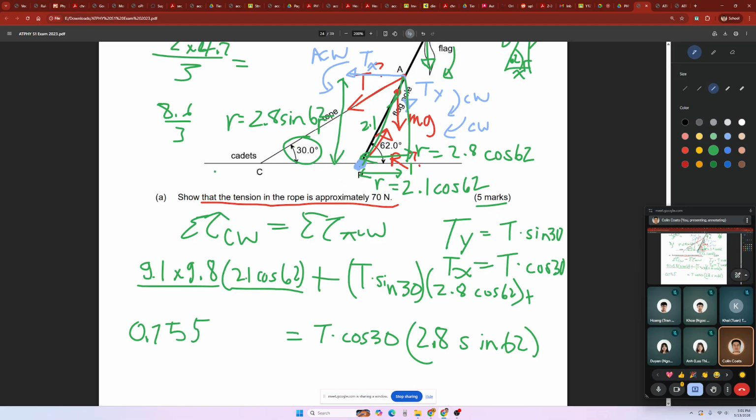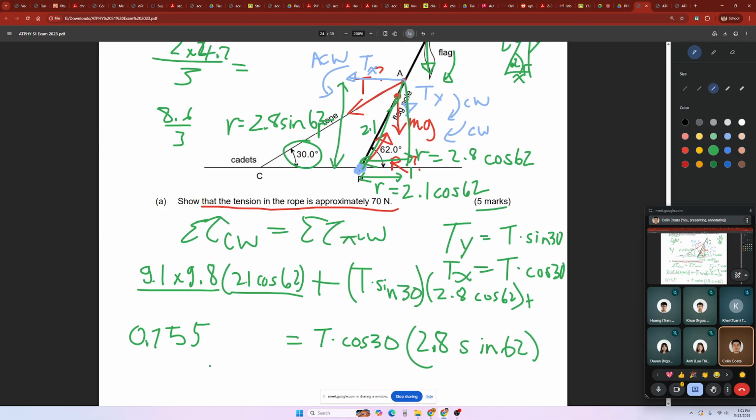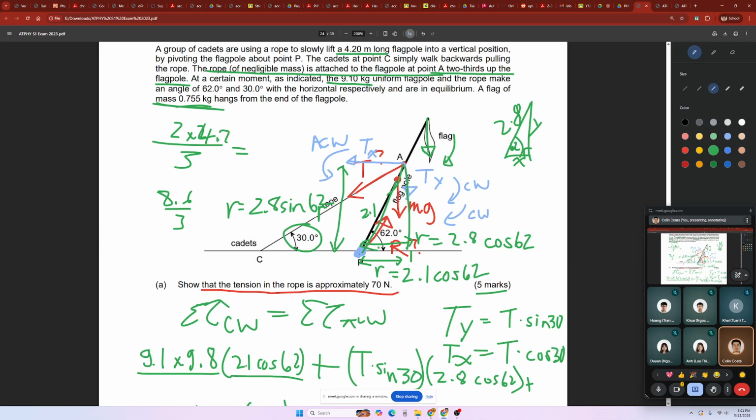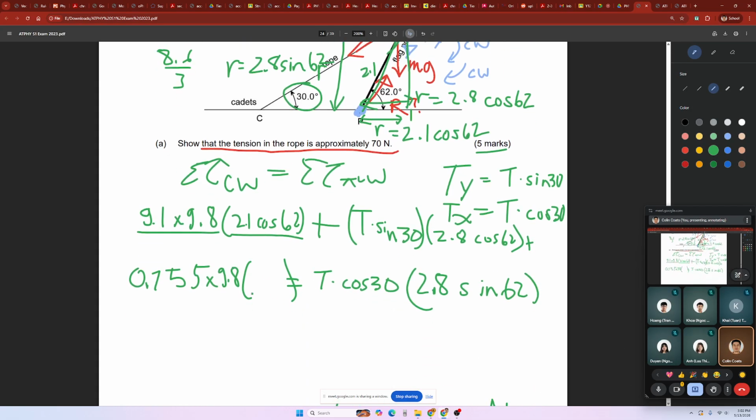5, yep, times 9.8, and the distance will be this, 4.2 times cosine 62.